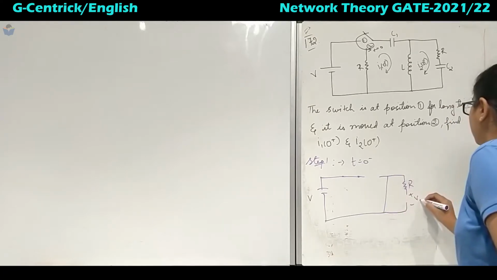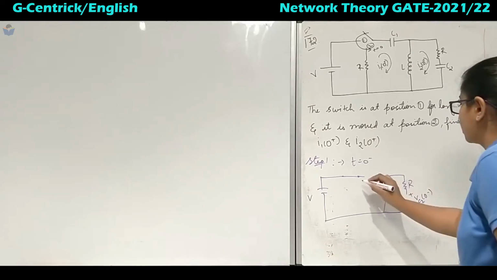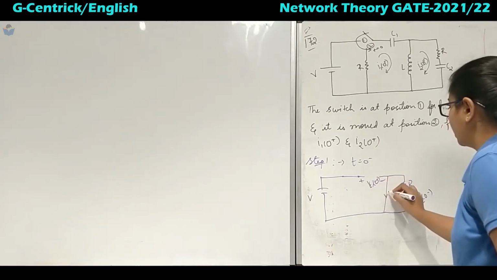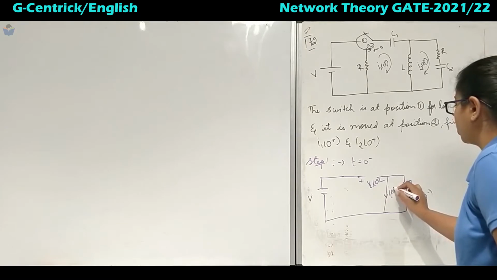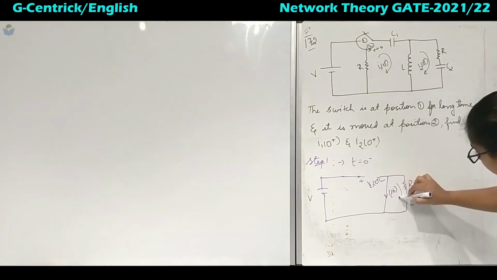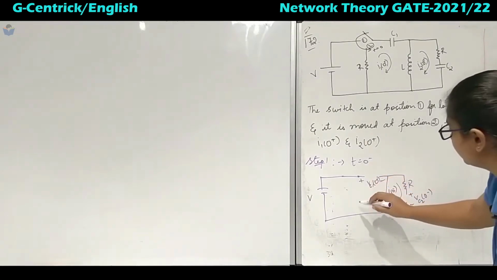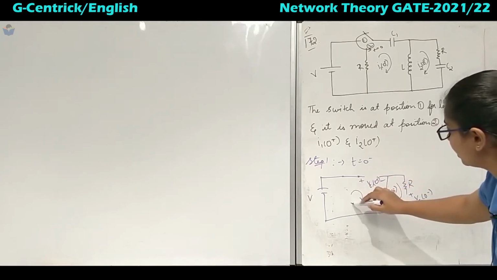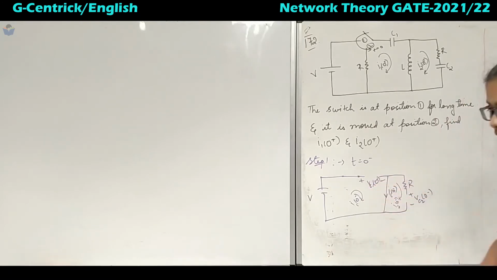This is VC2 of 0 minus, VC1 of 0 minus, and the current is IL of 0 minus, and in this circuit they have given I2 of 0 minus, and this will be open, so again we take I1 of 0 minus.